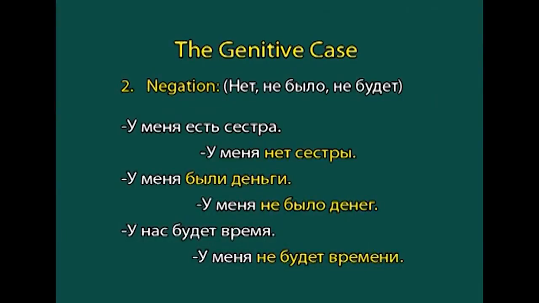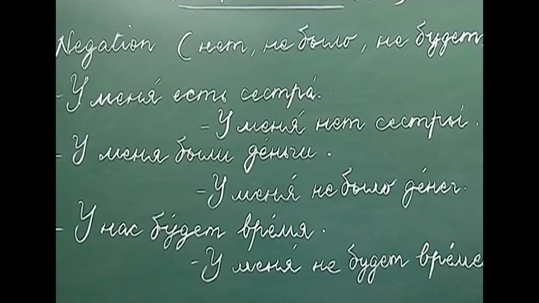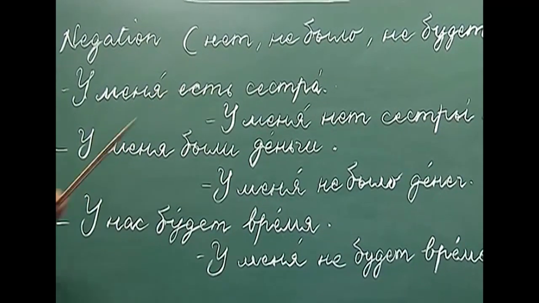I have written here one assertive sentence and its negative counterpart in the present tense, in the past tense and in the future tense. So, let us have a look at each one of them.